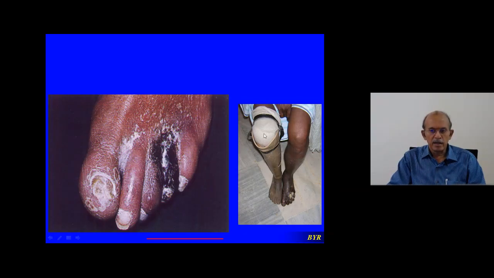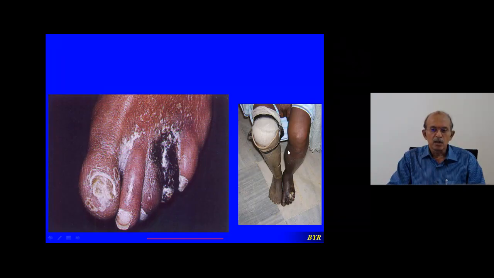He already has an artificial limb. I asked him why the artificial limb is there. He said that the limb was amputated. What for? He said it is for gangrene. A young fellow, only aged about 35 years. When I inquired, he smokes at least 20 to 30 cigarettes per day for the past 15 years.